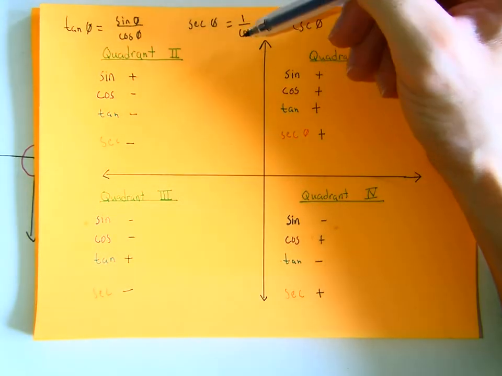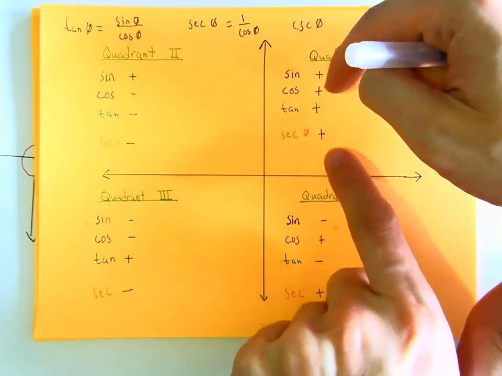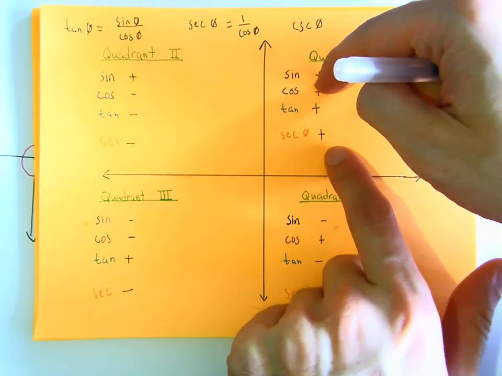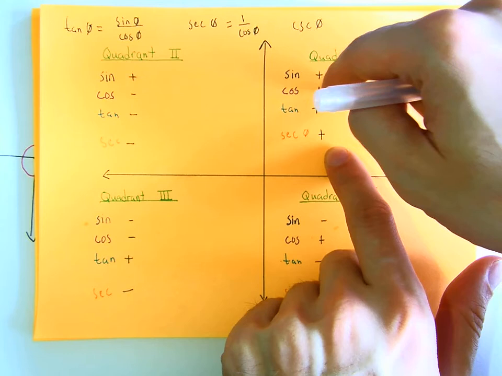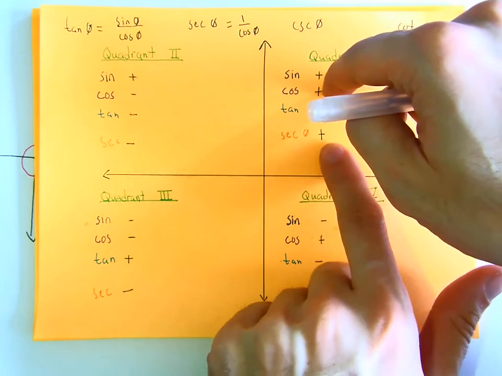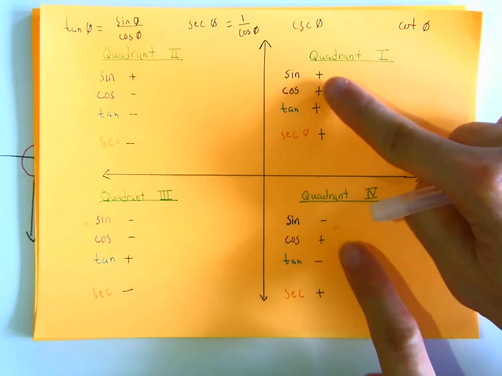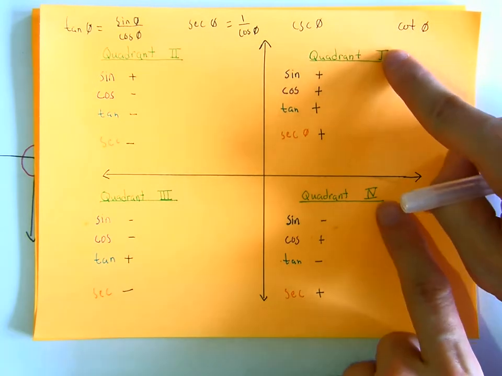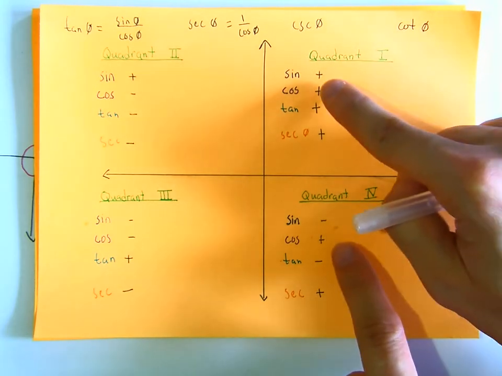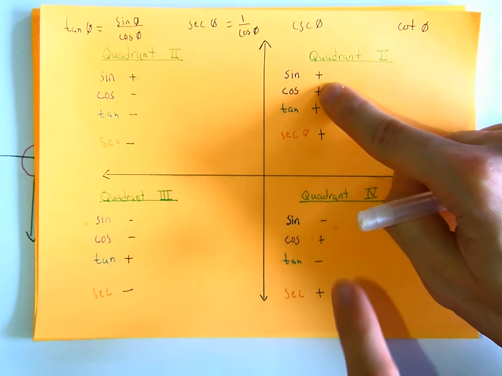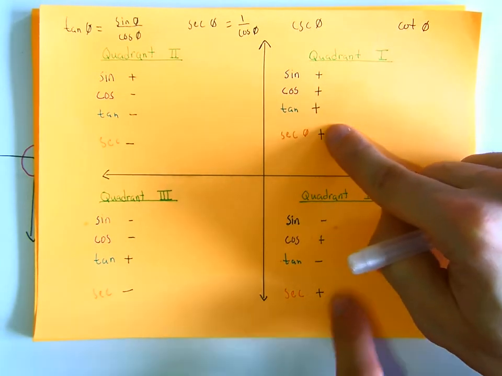Basically, secant and cosine share the same attribute. So wherever cosine is positive, secant will be positive. Notice that cosine is positive in quadrants 1 and 4, so secant has to be positive there.